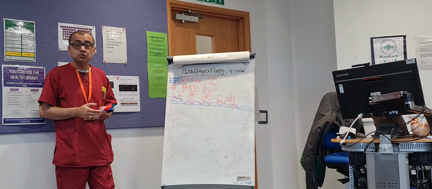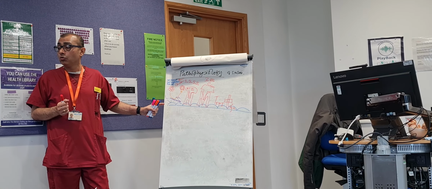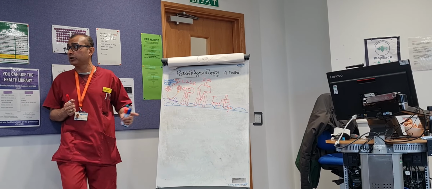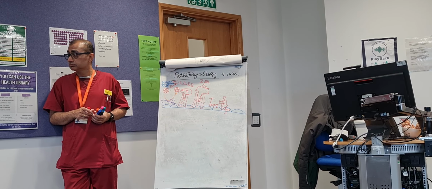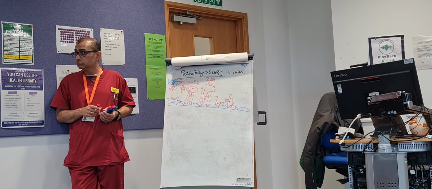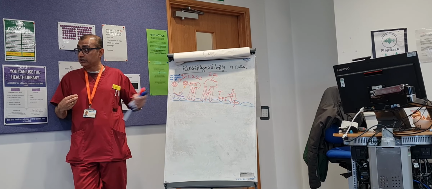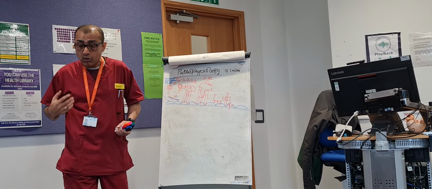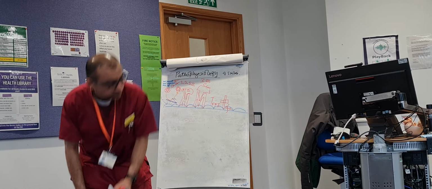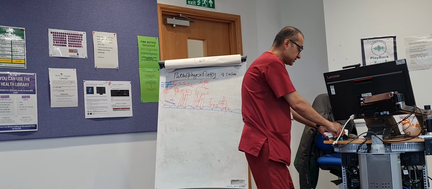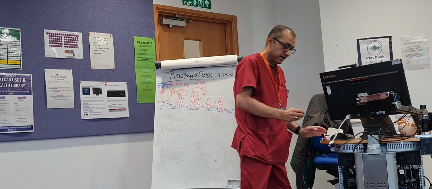Now, when it comes to hemorrhagic stroke, which layer is more important out of these three? Media more, followed by adventitia rather than endothelial cells. Why? I've got a beautiful example. Now imagine this is the media.